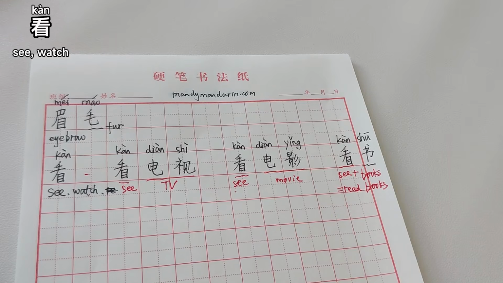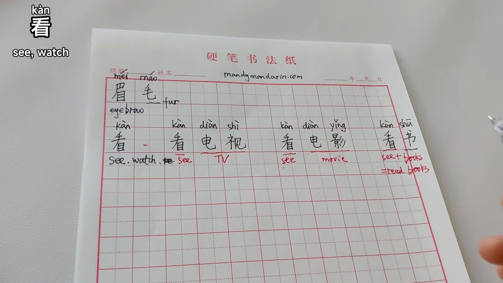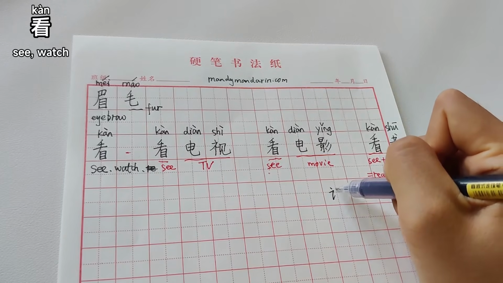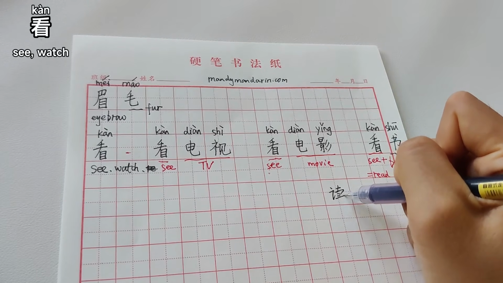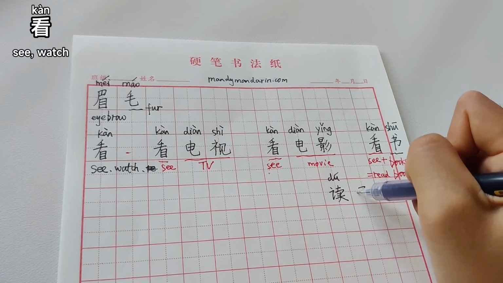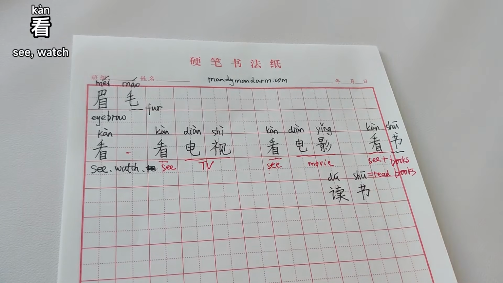So how do you say read a book out in Chinese? Well, that would be another word. I would also list it out here. That would be 读书.